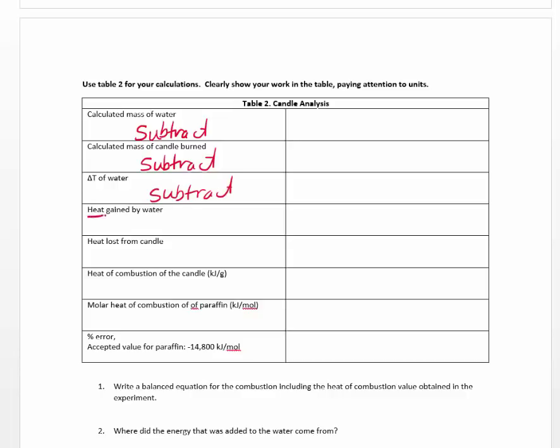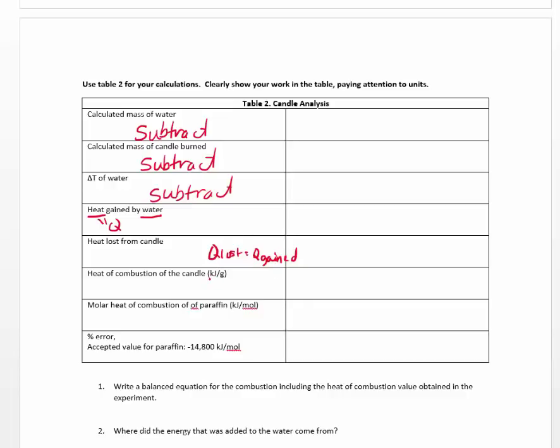Okay, now heat is Q, and look at what you know, MC delta T. The water. Do everything you know for water. You're going to use MC delta T. Heat lost, well, I know heat lost equals heat gained. You're just going to change the sign.